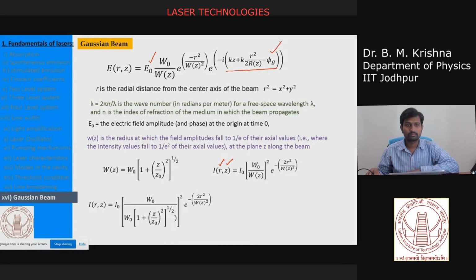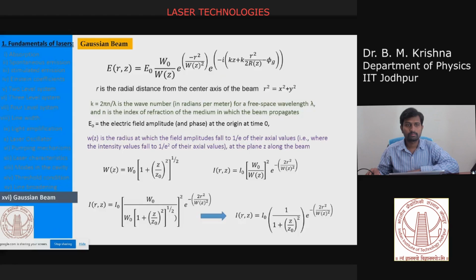One is the Gouy phase shift, which gives you a retardation of the phase, and along the propagation direction kz as well as your radial directions will give you the phase shifts. So this is actually a Gaussian beam in complex form. That is the reason I am explaining each individual term, how your intensity is changing and how your radius of curvature is changing in the Gaussian beam profile.